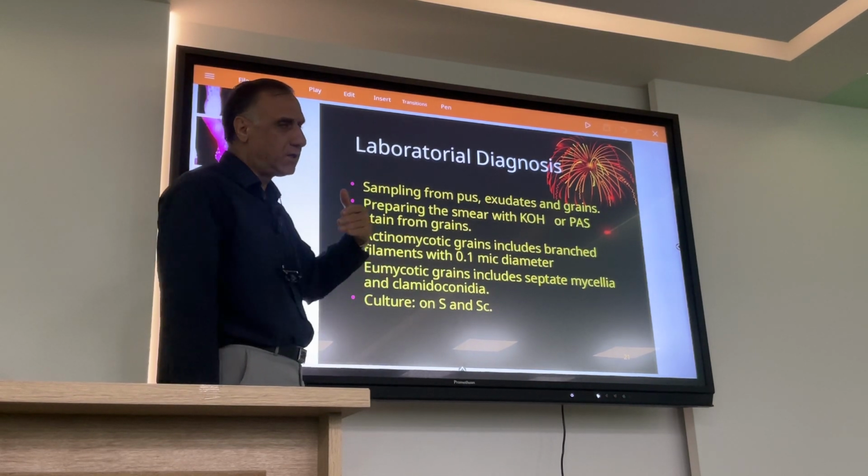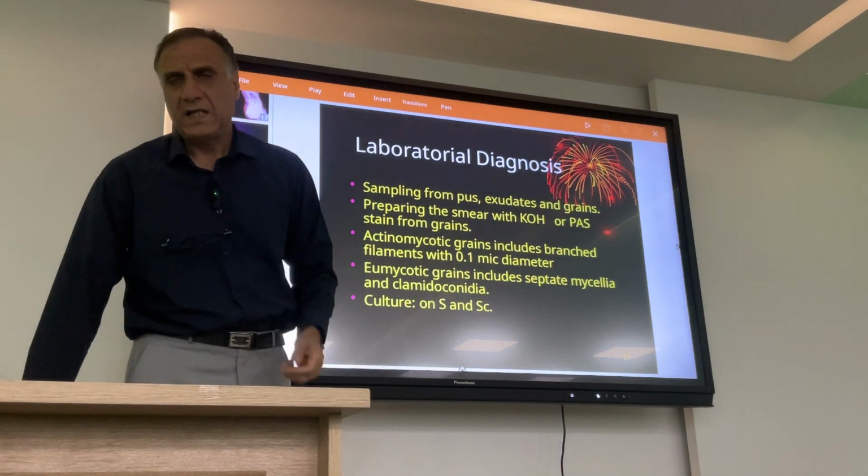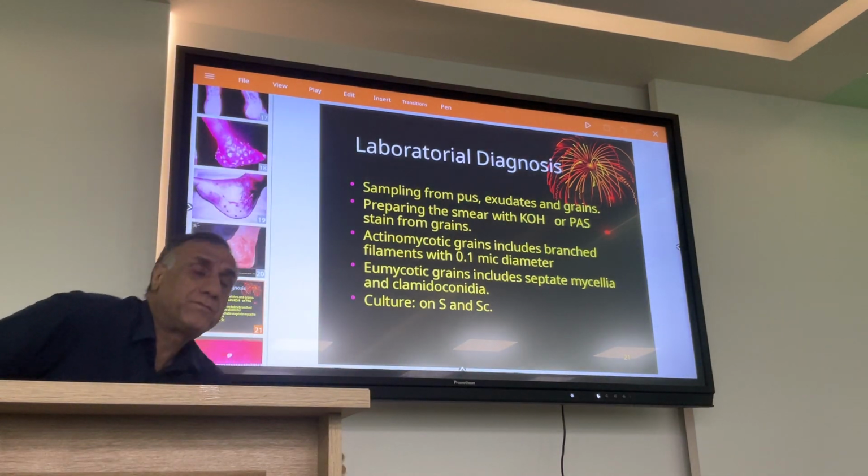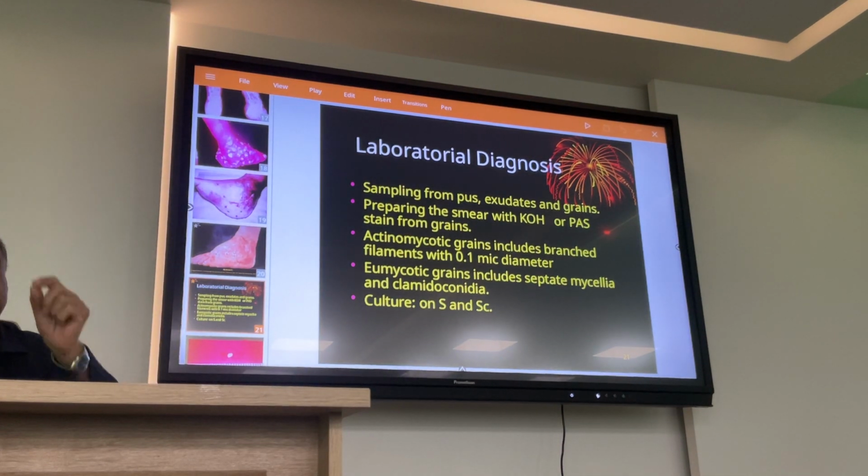We have culture to identify the species of fungi, especially because they differ in resistance to antifungal drugs.